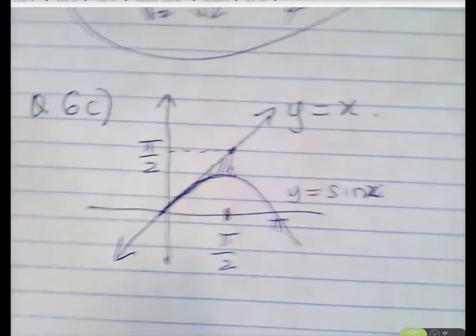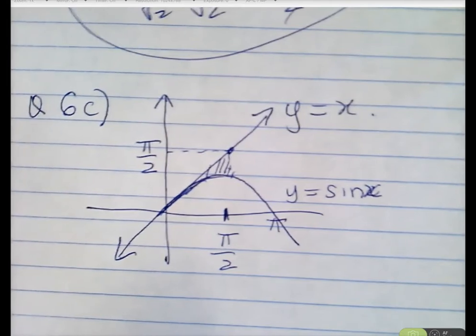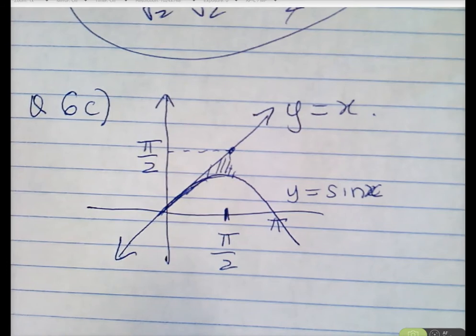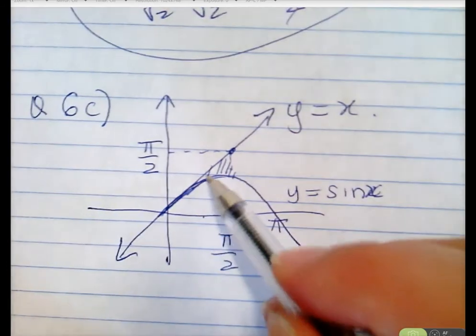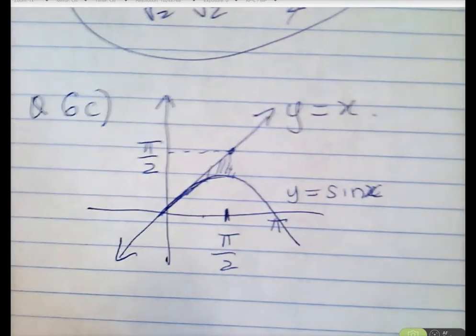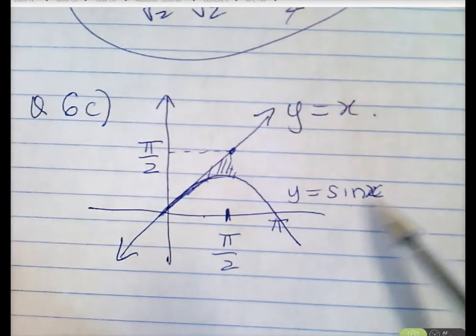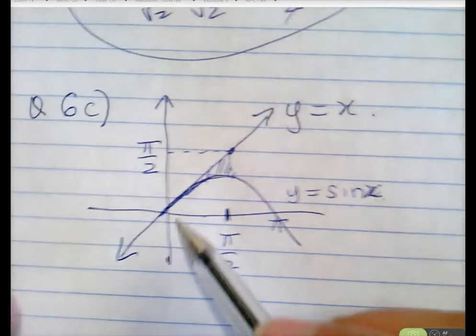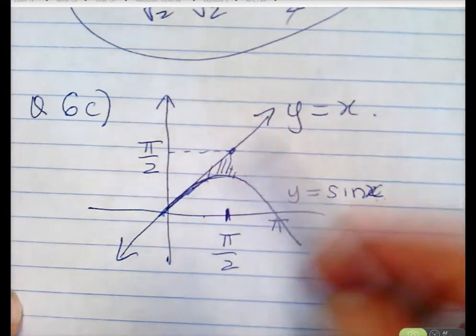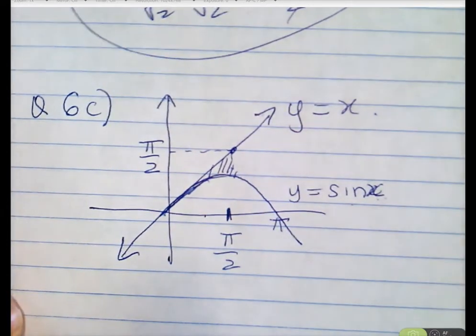You know the line y equals x, right? When x is a half, y is a half, when x is 1, y is 1, whatever. The sine curve is always below the line y equals x.